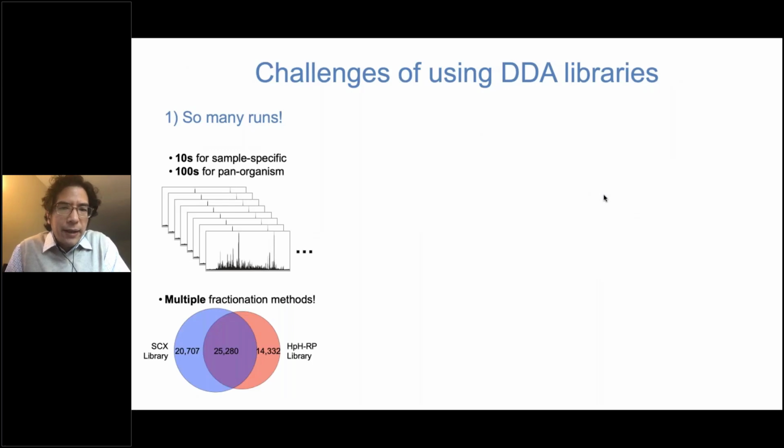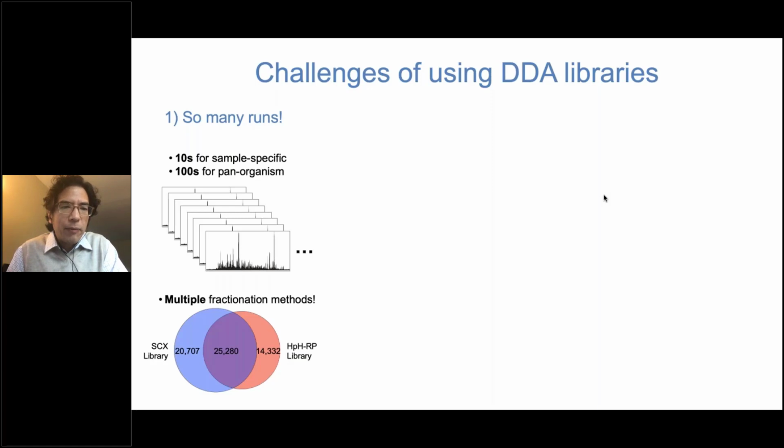That said, DDA-based libraries are not without any challenges. So one issue is that they do require tons of different runs to be able to generate a clear library set. So for example, in all of these cases that we've looked at, sample-specific libraries really require tens to hundreds of different runs in an experiment.